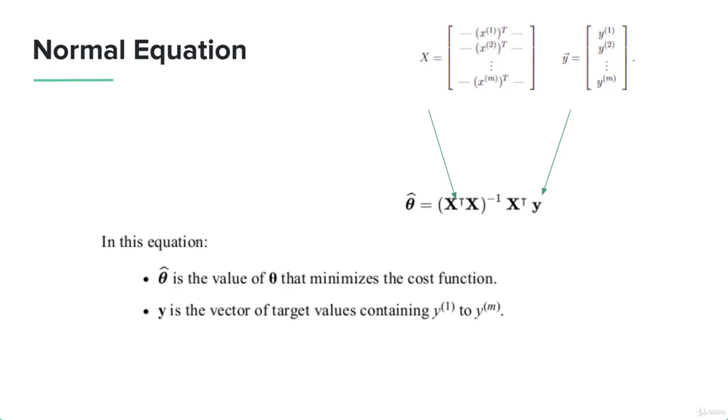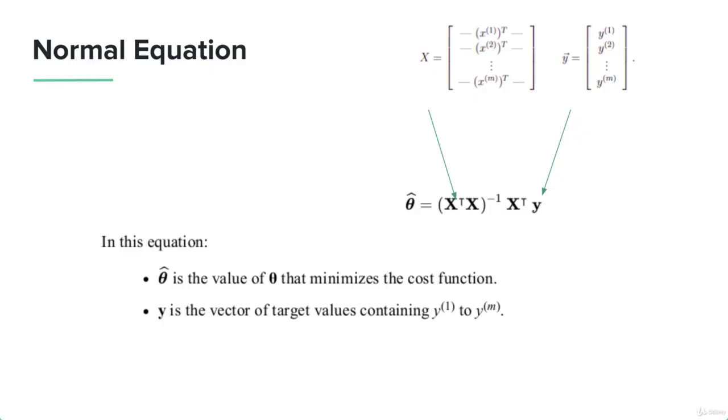Another way to do this is by using the normal equation. We do gradient descent in n iteration steps, which is another hyperparameter, continuing the loop until there is no decrease in the cost function. But to do it in a much different way, we can use the normal equation.